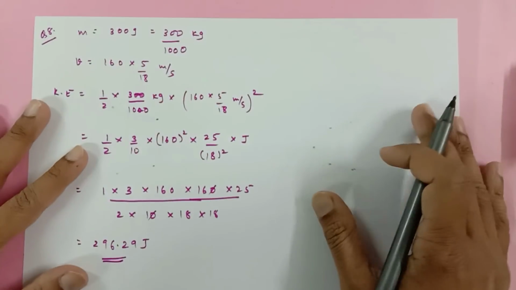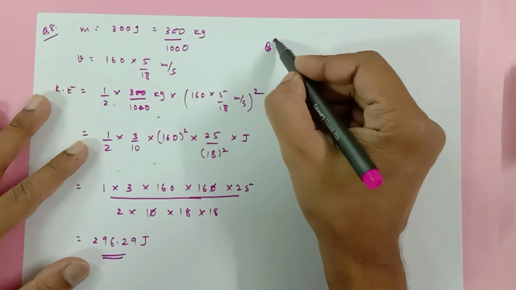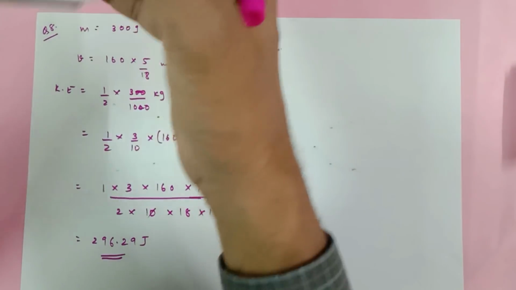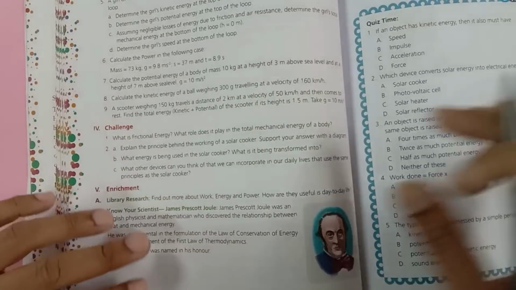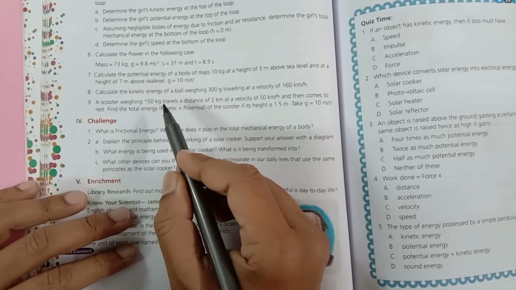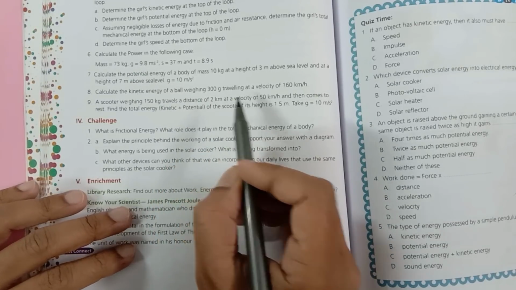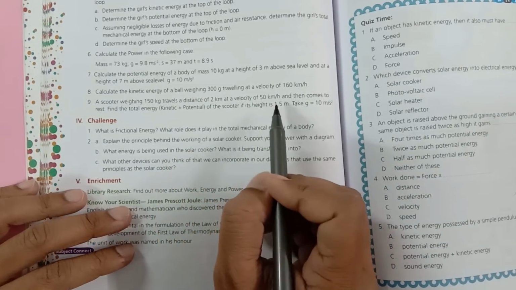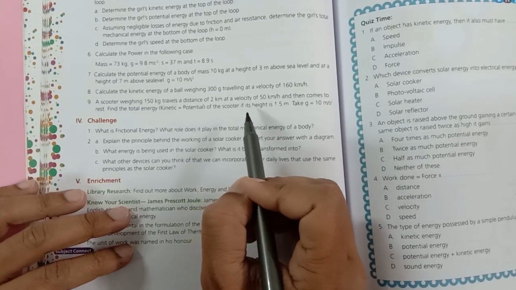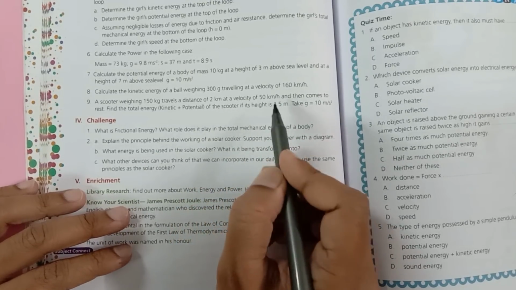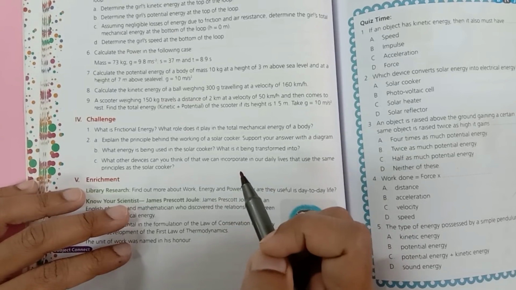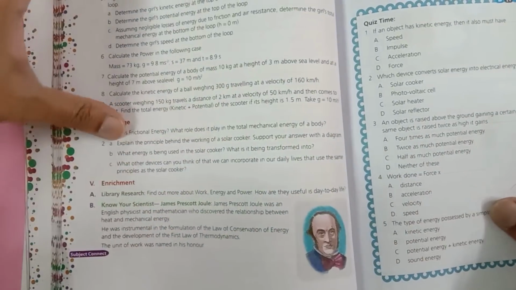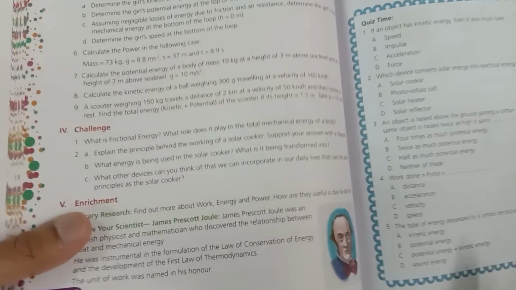In question number 9 you are being given that a scooter weighs this, travels a distance this, speed is given, and the height. Actually it is written height of the scooter, but we have to take this as height above the ground. g is given, and we have to find out kinetic and potential energy sum, that is mechanical energy.